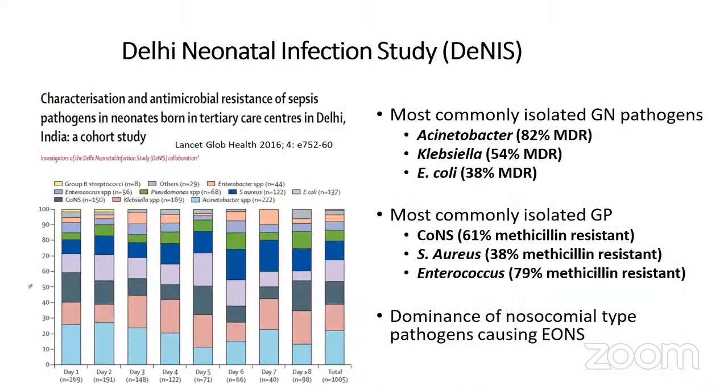Now, the problem is that we're dealing with organisms that are resistant to a number of these antibiotics. This is a study from New Delhi, where they show that the common organisms were gram-negatives, but most of them were resistant to the common antibiotics that are supposed to be covering them.